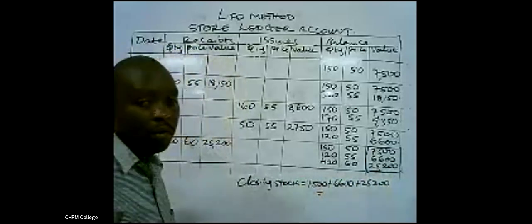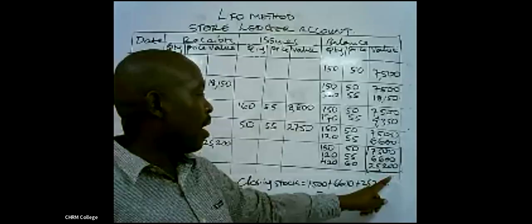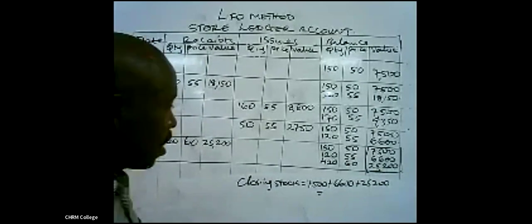The value of the closing inventory is the balance at the end of that date. So you get 7,500 plus 6,600 plus 25,200. You get 39,300.